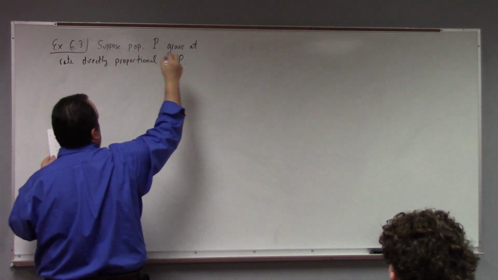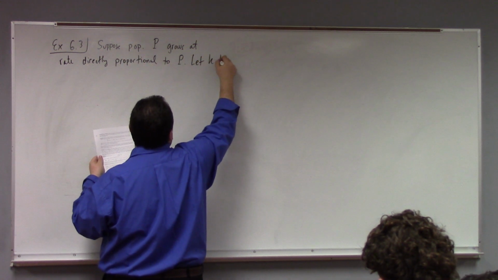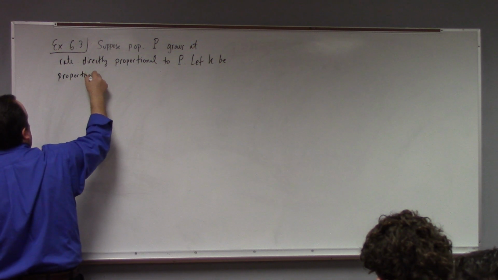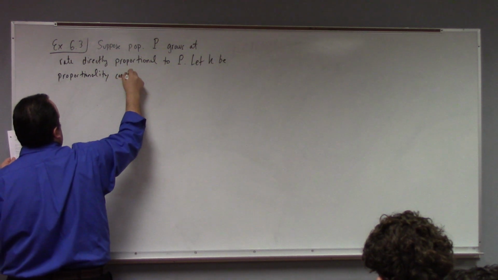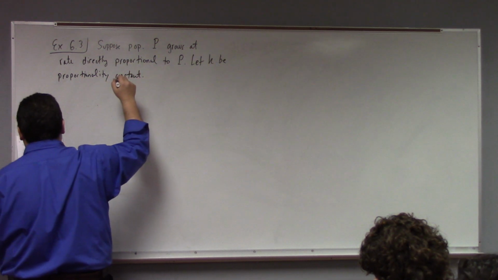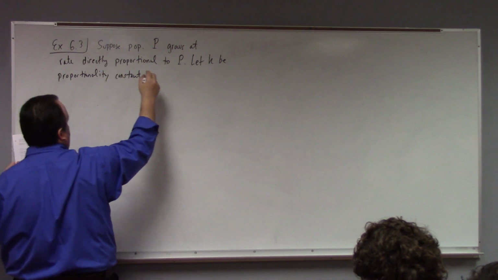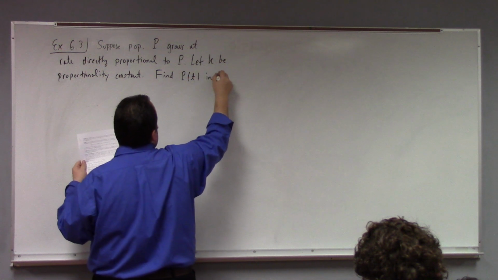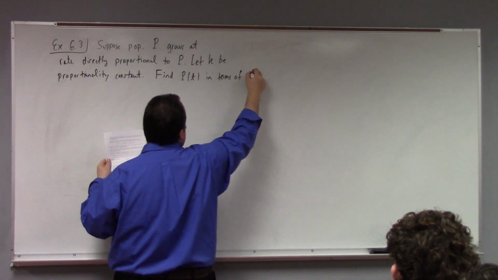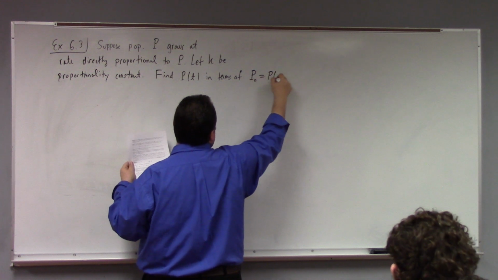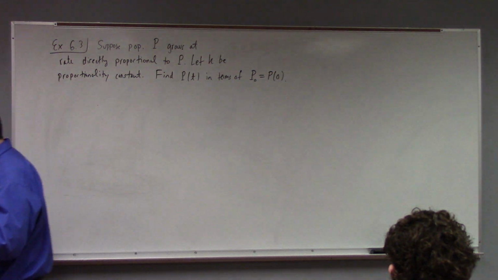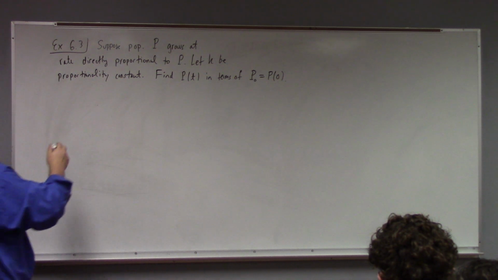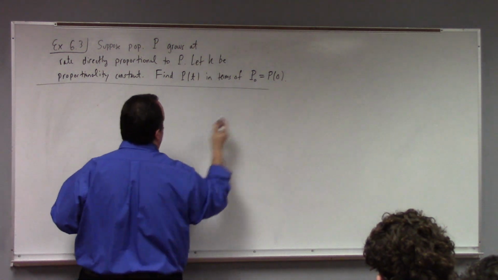Let k be the proportionality constant. Find the population at time t in terms of the initial population. So let's see if we can solve this problem. I think we can solve this one.